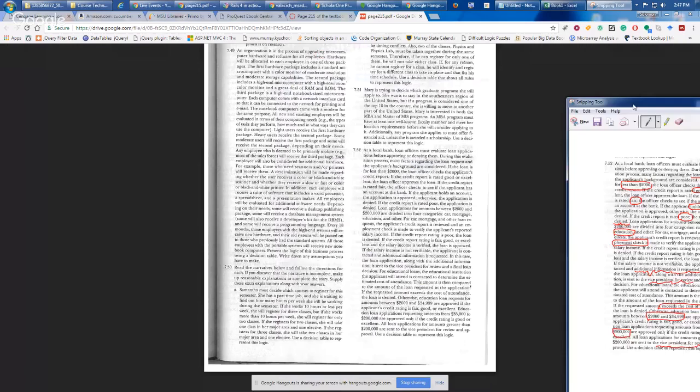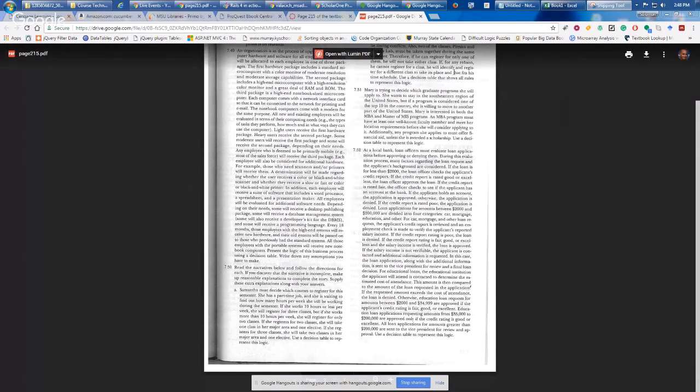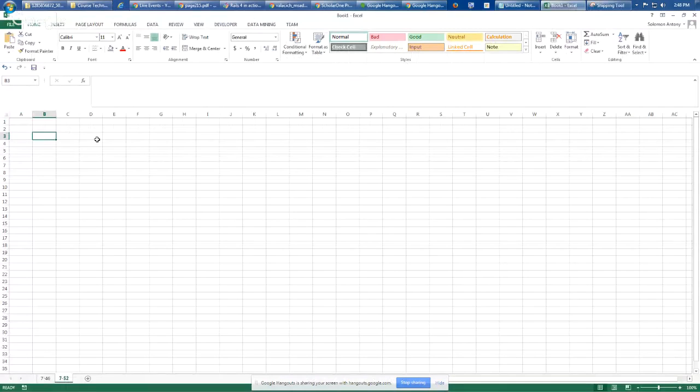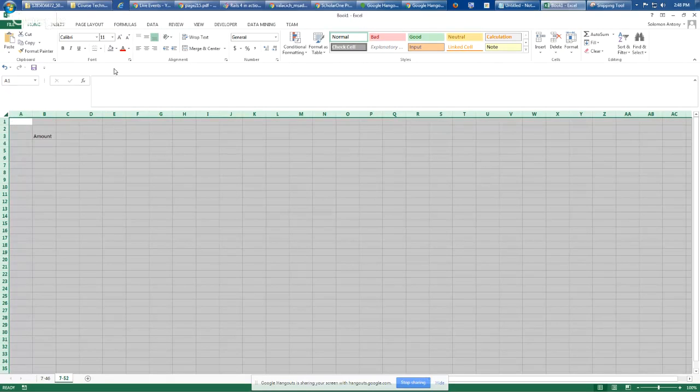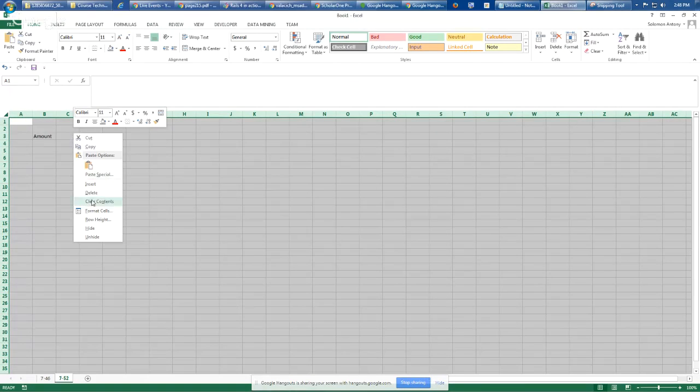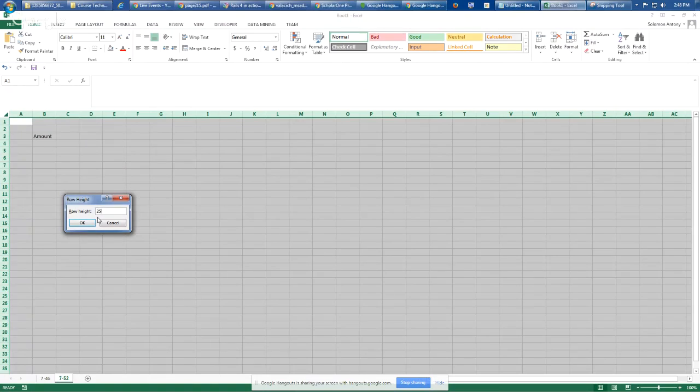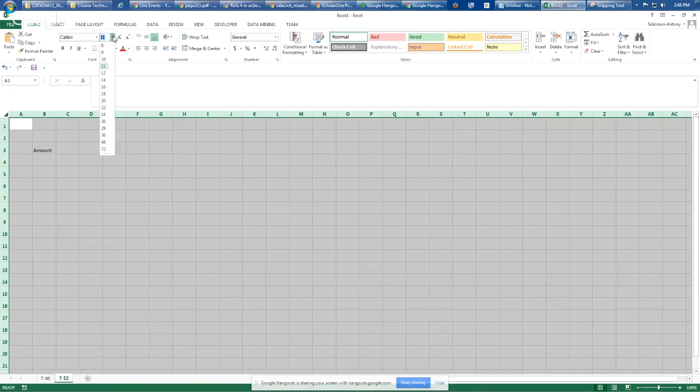In this case, let me go ahead and write out possible values for amount. And amount is something that can be one of four possible values.